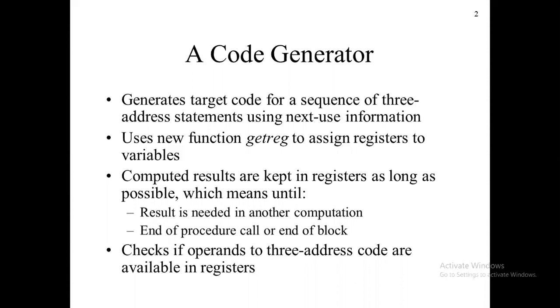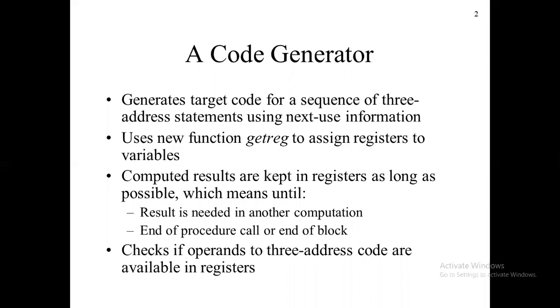That is also kept in the register as long as possible, which means until the result is used in another computation, or at the end of a procedure call, or the end of a block. Suppose the result of the variable will be used further in the program, then it should be stored in a particular place. That is called the register. That should remain in a register, then only you can use that variable in a further calculation.